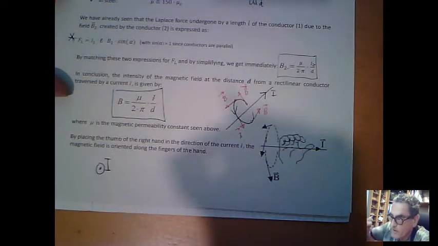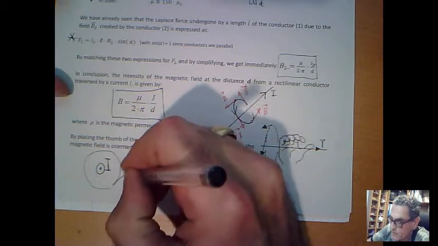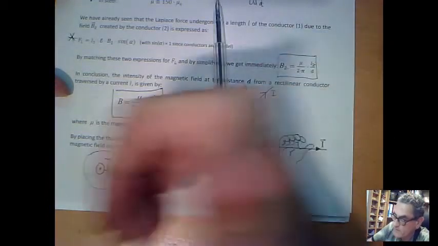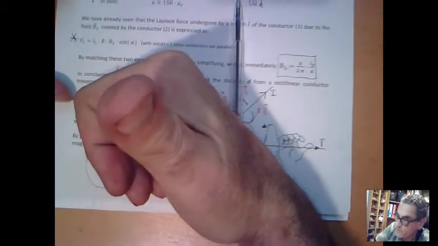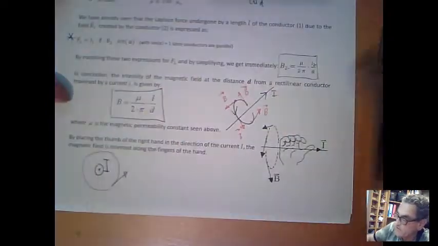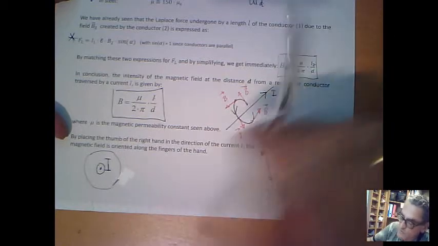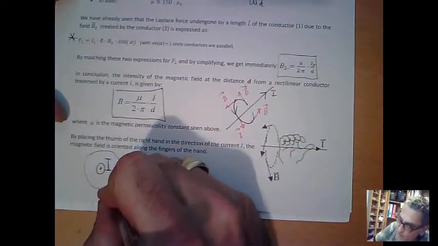So if I look now at the wire from above, I can draw circles around this wire, and the magnetic field, sorry, it turns in that direction. My thumb is up because the current is going up. So the magnetic field turns like this. So what I did here is just wrong. It doesn't turn in this direction. It turns in the opposite direction.